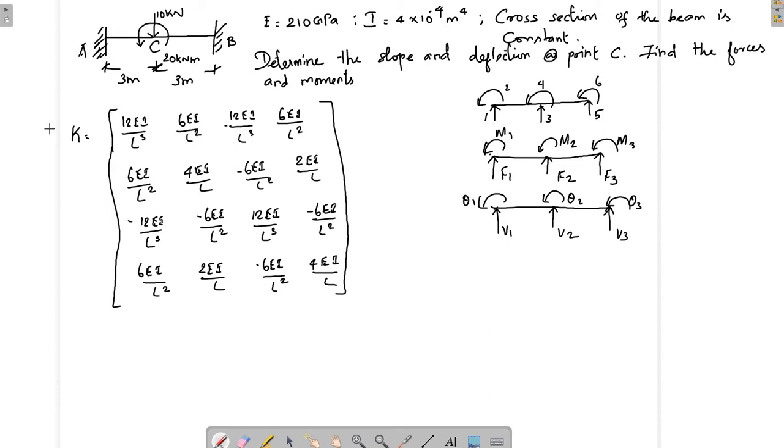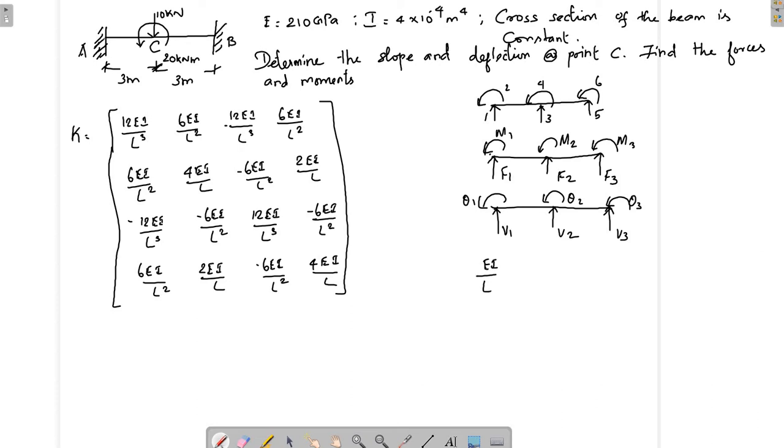So I am going to take L cube outside, so that this component is multiplied with L and this component is multiplied with L square. L on both the elements is the same, it is 3 meters. So it is very convenient to take 1 by L cube outside. So I am going to evaluate EI by L cube.